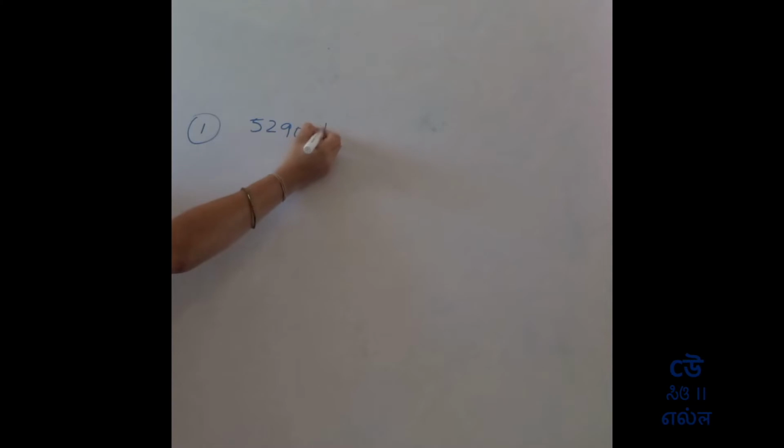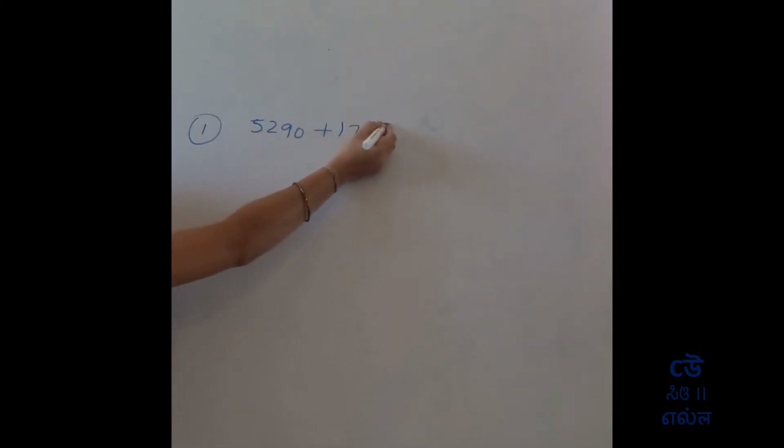First example, let us take 5290 plus 17,986.